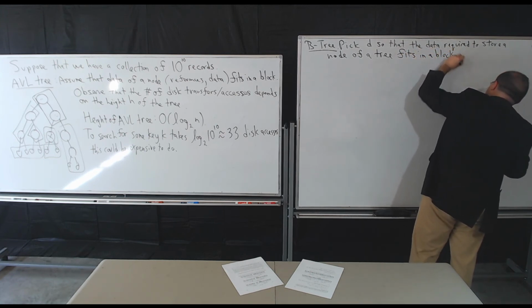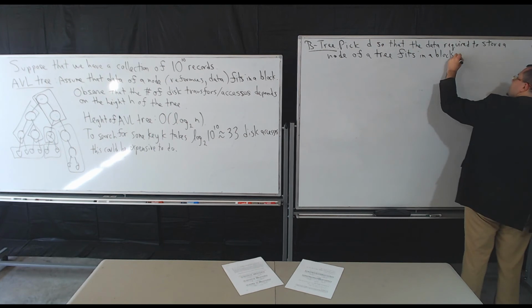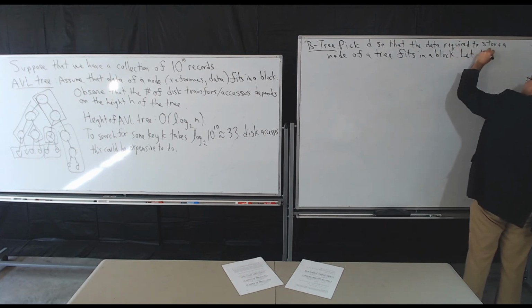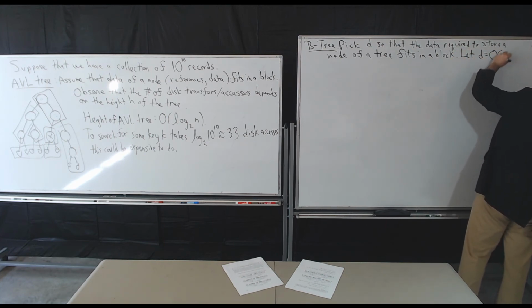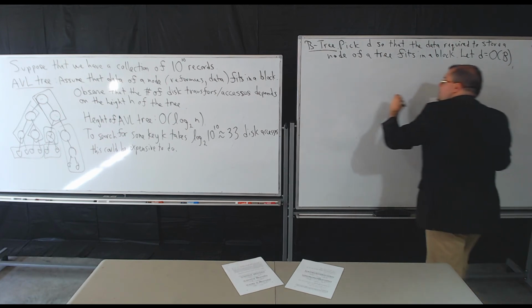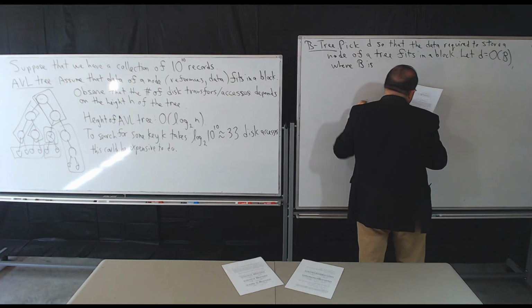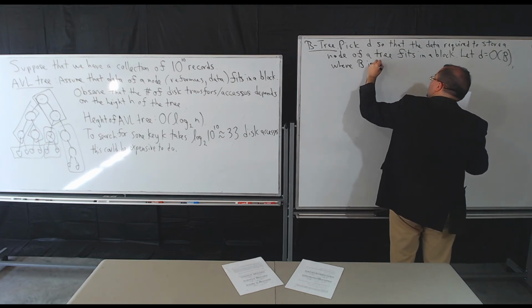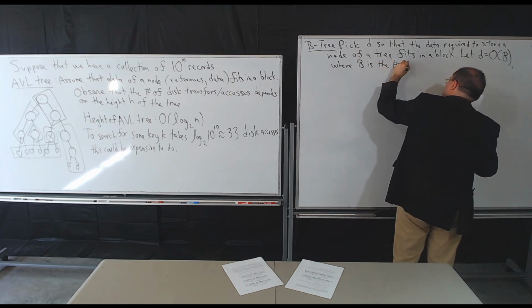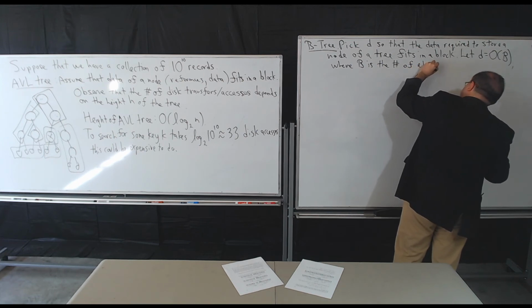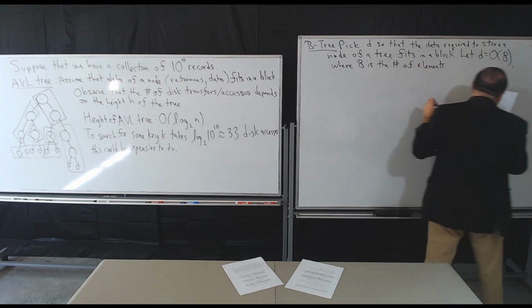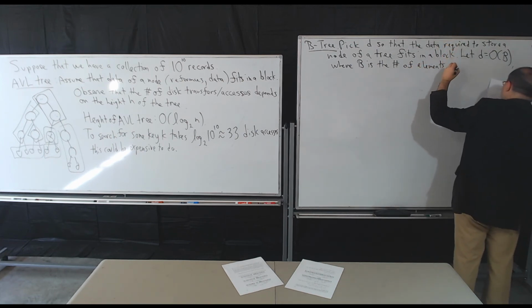To be more precise, what you would do is you would let D be big O of capital B, where capital B is the number of elements in a block.